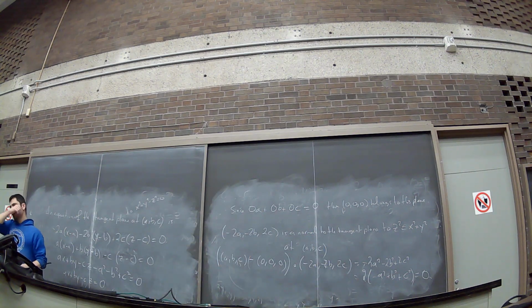So maybe I'll push the full version of the implicit function theorem until Thursday. Thursday, please review your linear algebra: determinants, bases, and what is invertible. When is an n by n matrix invertible? If its determinant is non-zero.